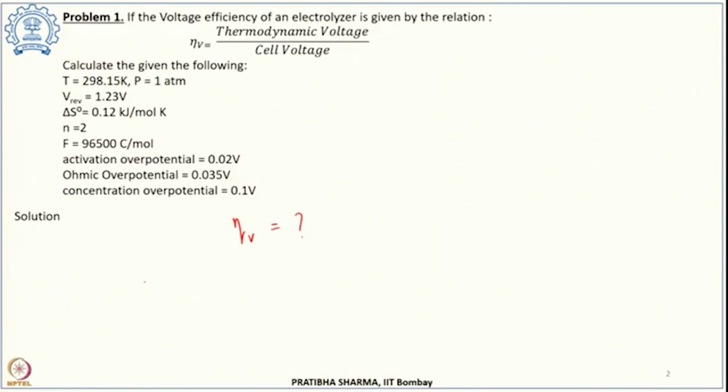Given these conditions, we know that the thermodynamic voltage, which is delta H, the enthalpy change over number of electrons participating times Faraday's constant, is also written as delta G over nF plus T delta S over nF.